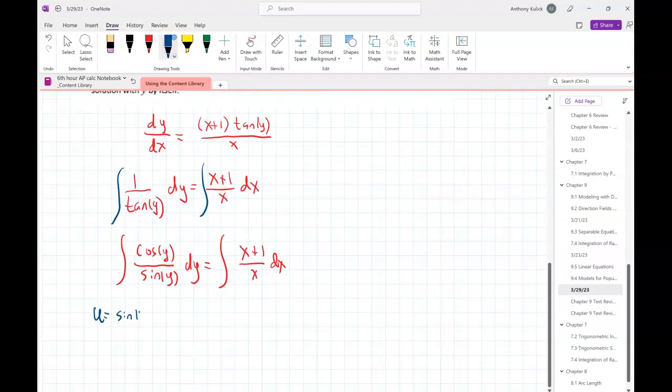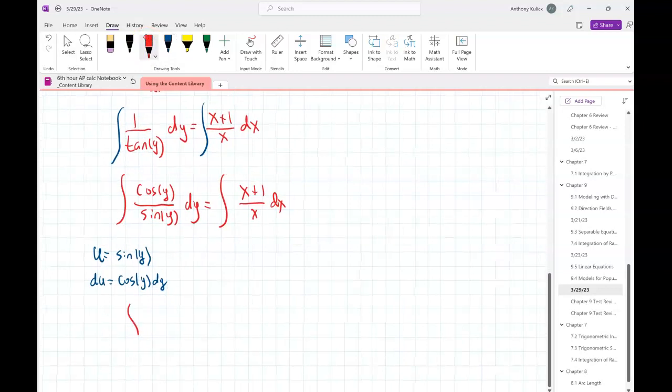So if I say sine y is equal to u, du is going to equal cosine y dy. So using that, I have 1 over u du, which is something we can definitely do an antiderivative on.